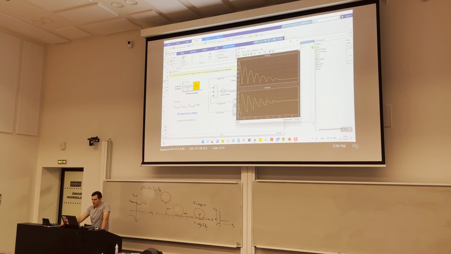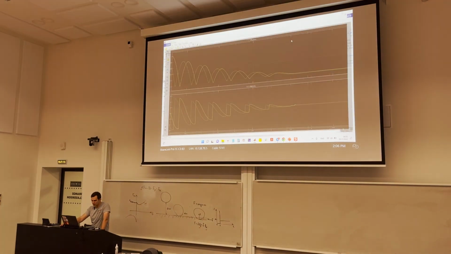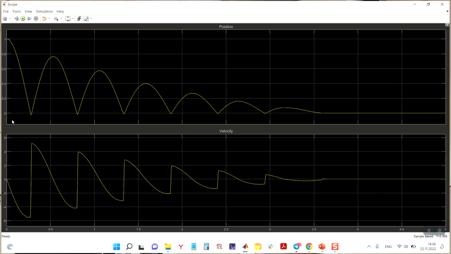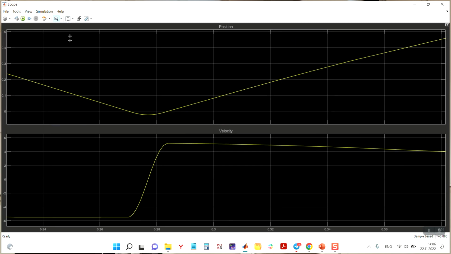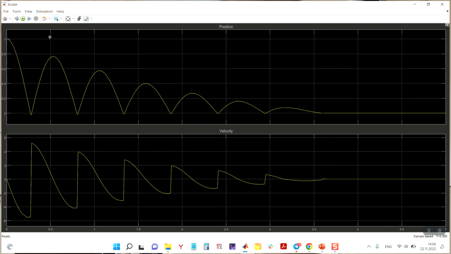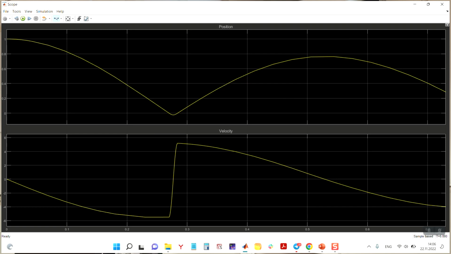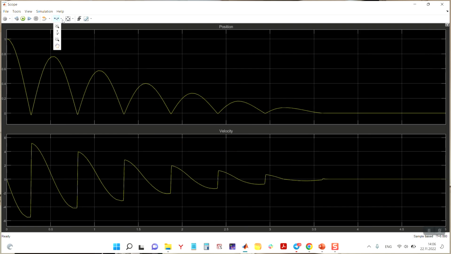So you have a plot for the position and velocity, but let's take a look at the numbers below 0. And here it's not very good like this.